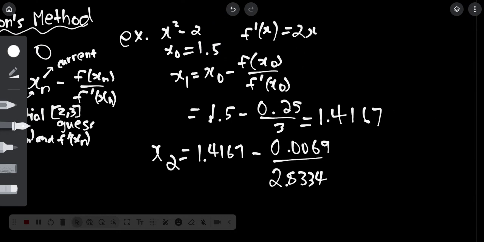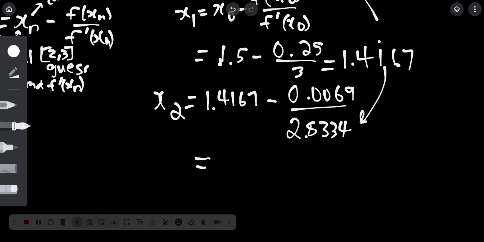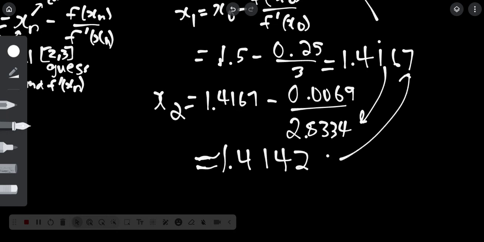So you just plug this number in to get that number. And then once you do that, you get the answer as 1.4142. So this is the root of this function, and it's really close to the exact answer, so you know that you're on the right track.